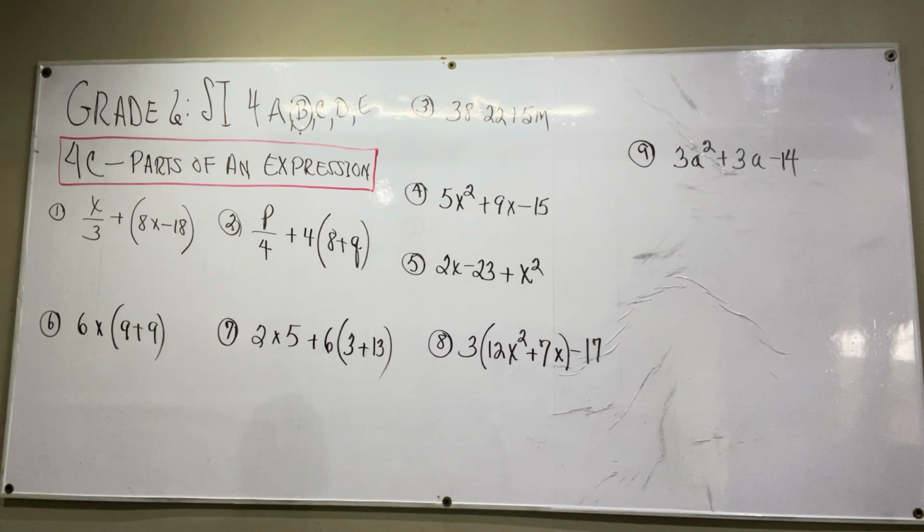So this expression shows some division, shows some multiplication, shows some subtraction, some addition. So it has one term and a second term. One term, a second term. 1, 2, 3 terms. Terms are separated by plus and minus.